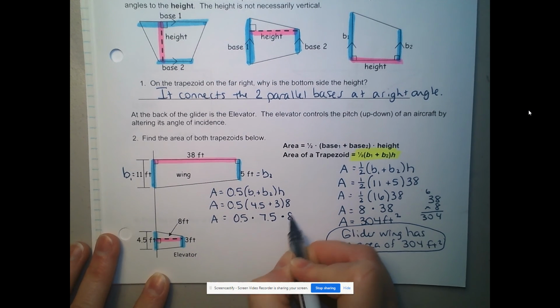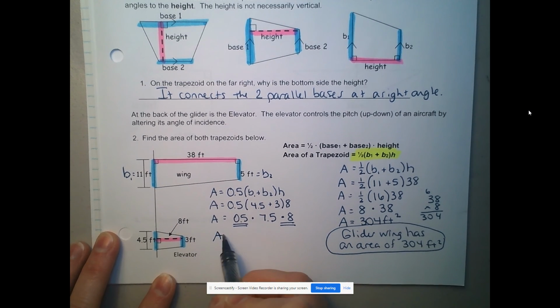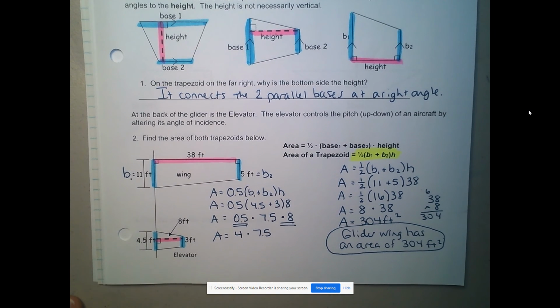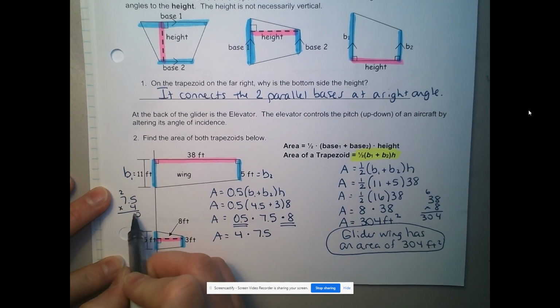And this is a series of multiplication that I can do in any order. So I'm going to do the 1/2 times the 8 because that's going to save me some effort. I know half of 8 is 4. So 4 times 7.5 means I have to do the least amount of computation possible. So over here on the side, I'll do 7.5 times 4, 20, 28, 29, 30. Bring in my decimal point and I get 30.